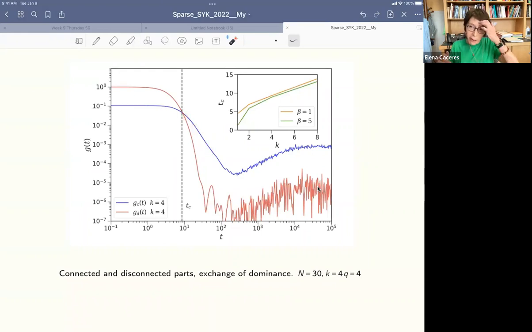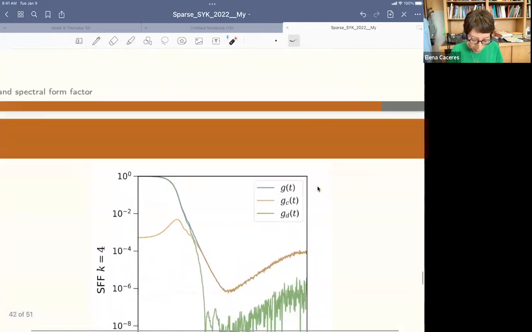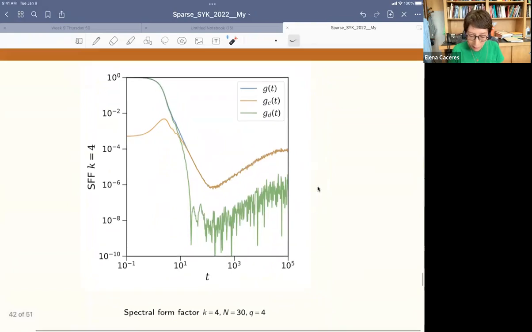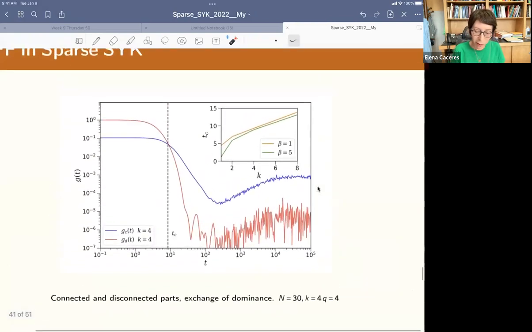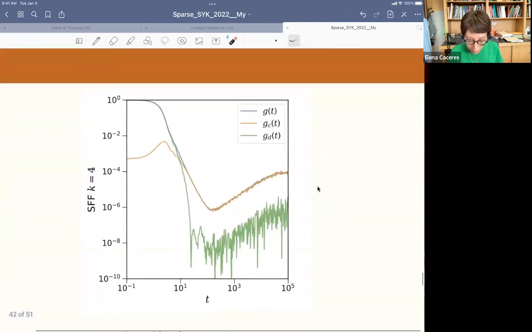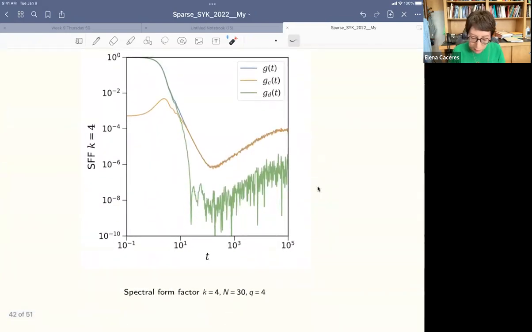But the whole beauty of the sparse SYK is that it's a whole class of models that themselves have gravity duals, right? So what is this? This is the whole spectral form factor here, where I just plotted the connected and disconnected parts.